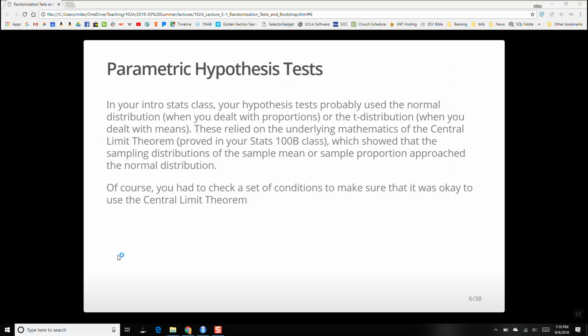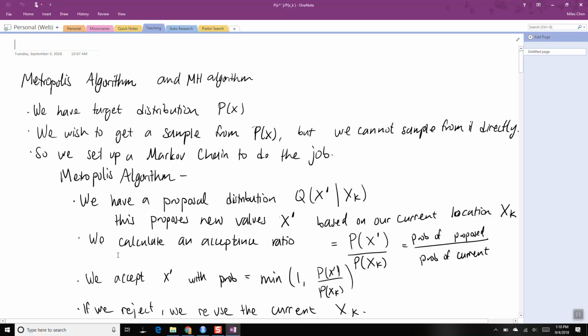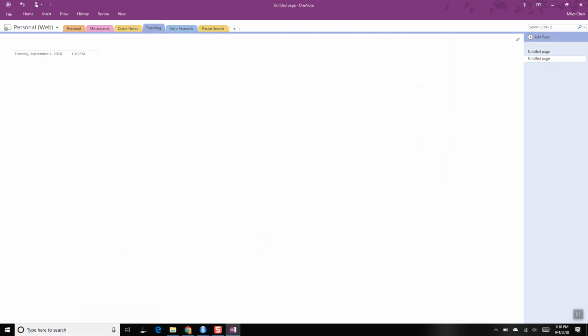Sketchbook gave me such grief this morning, so I tried creating a OneNote. So what is this going to be called? Stats 102A. This is summer 2018, week 5, Tuesday.